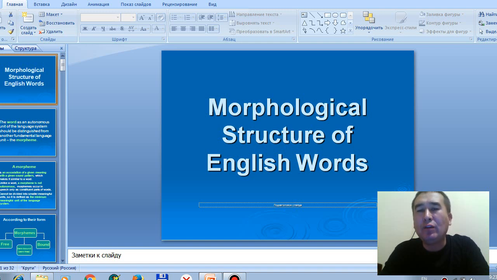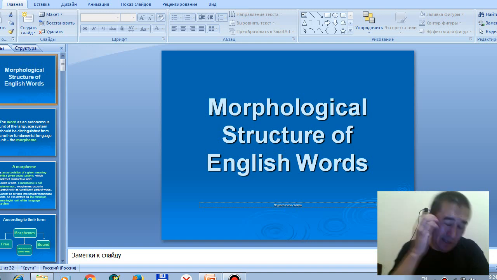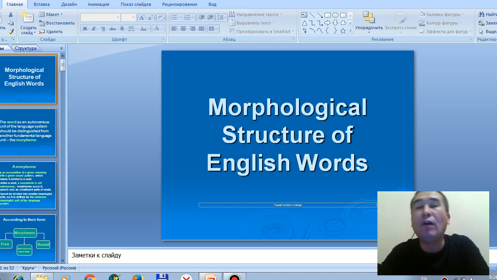And today we shall review this material and point out the morphological structure of English words: its smallest units, morphs, allomorphs, root, and others. So we can consider that today's seminar is a review of our lecture material. So, morphological structure of English words.